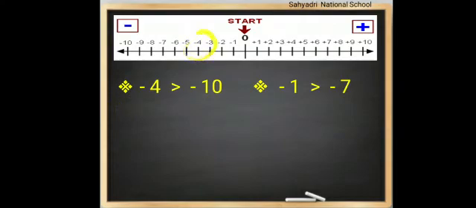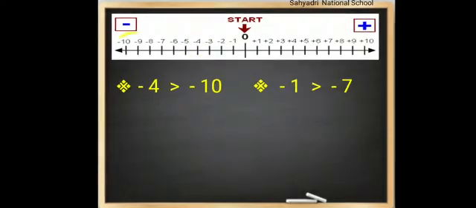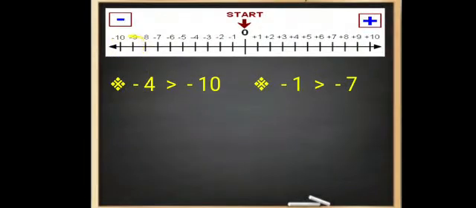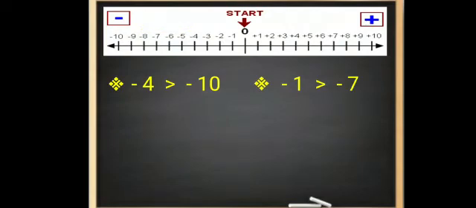Location of negative 4 is here and location of negative 10 is here. Thus, looking to the number line, negative 4 lies on the right side of negative 10. Therefore, negative 4 is greater than negative 10.